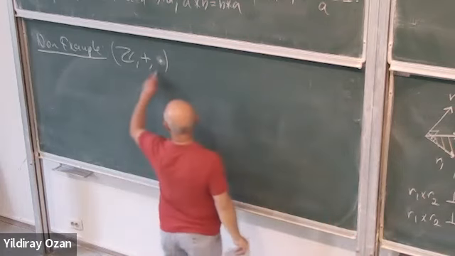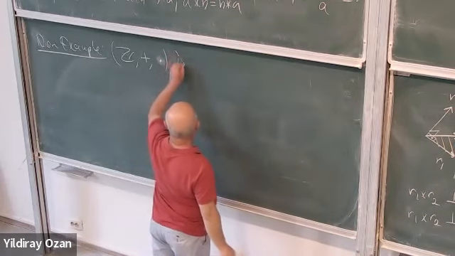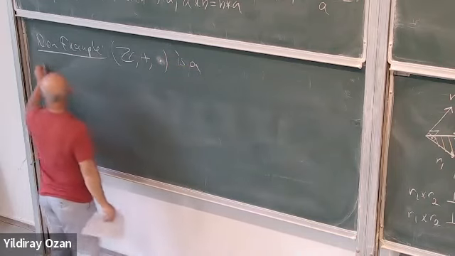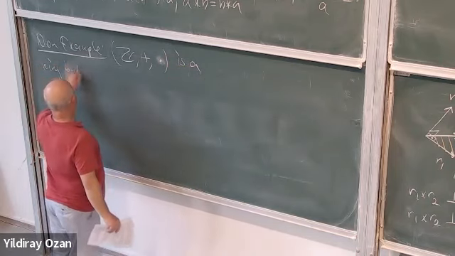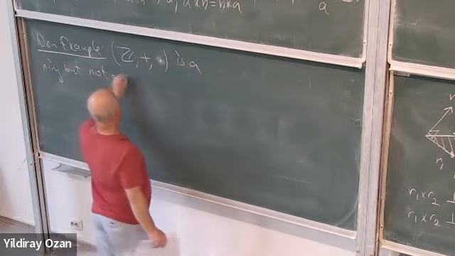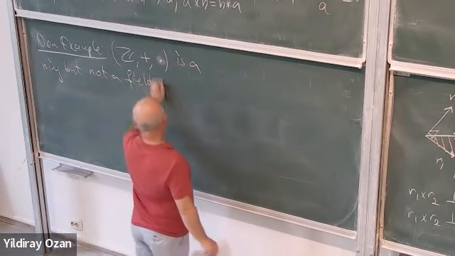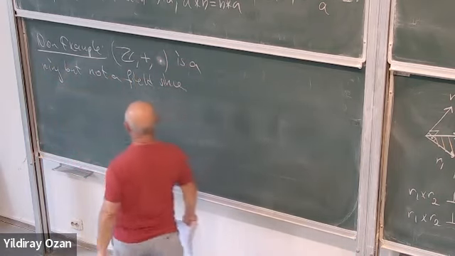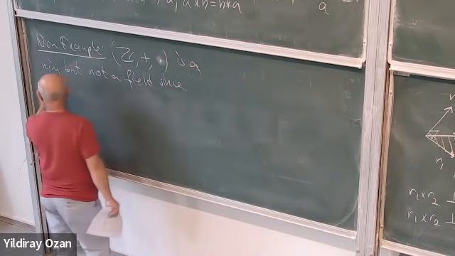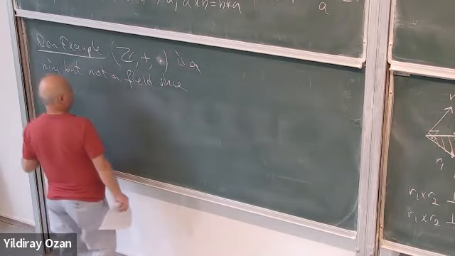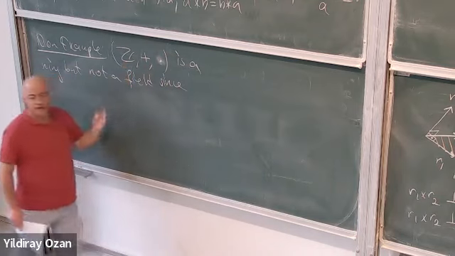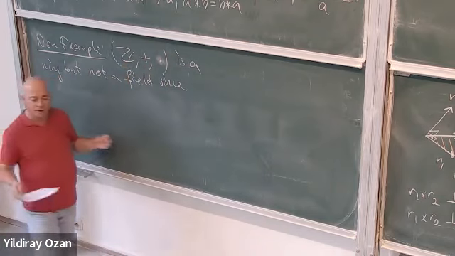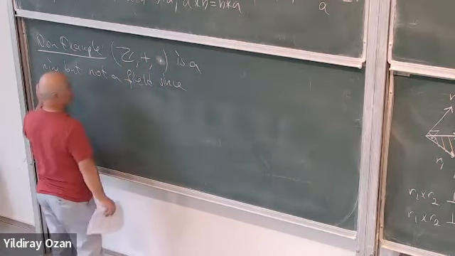So it's a ring, but not a field. Since, let's say, almost no integer has a multiplicative inverse. In particular, 2 has no inverse.